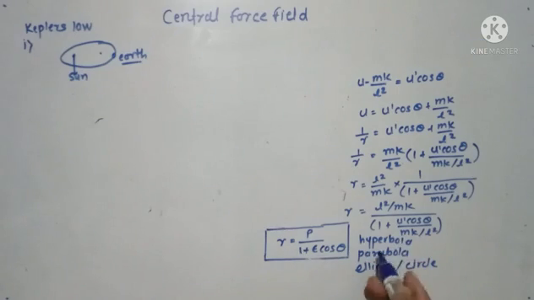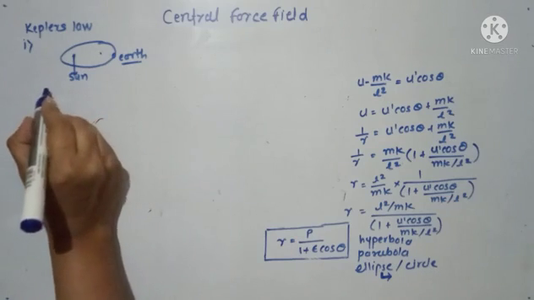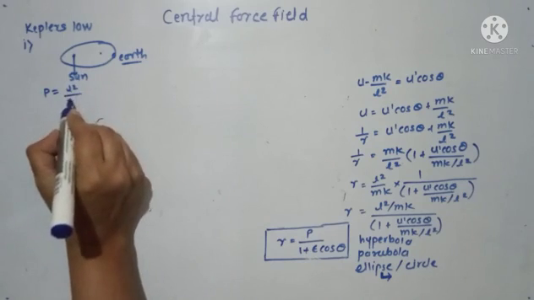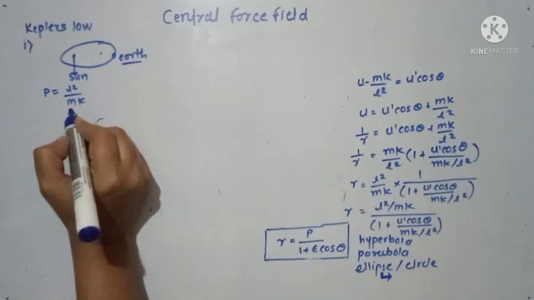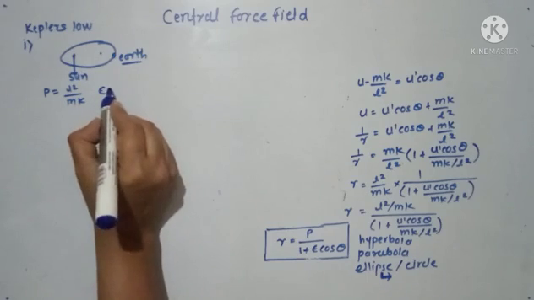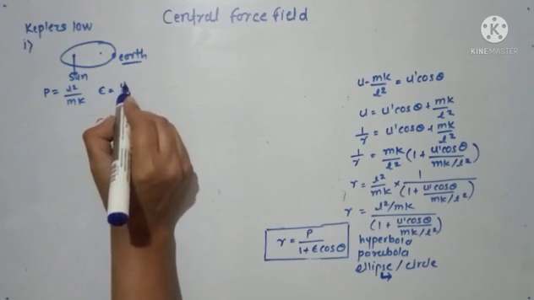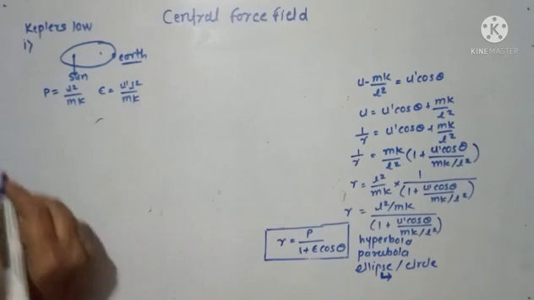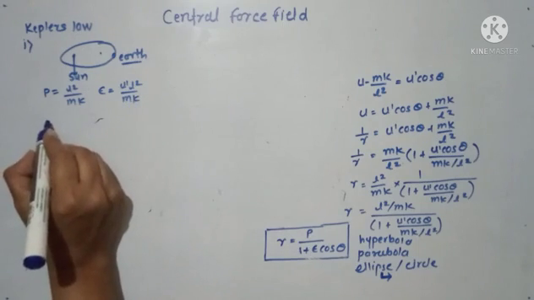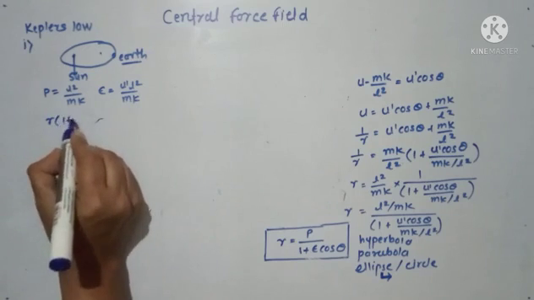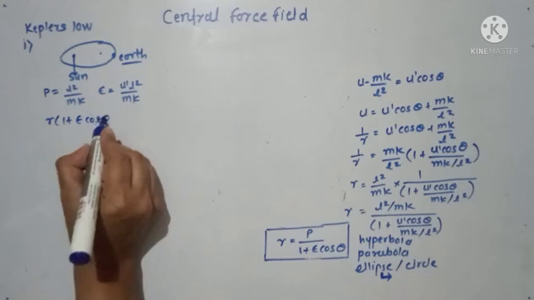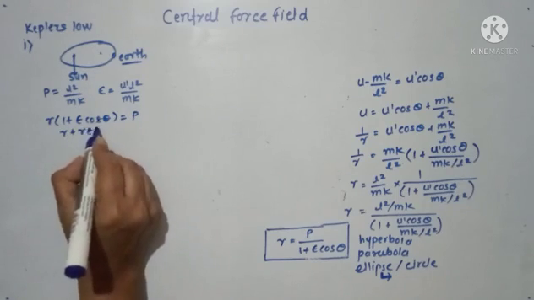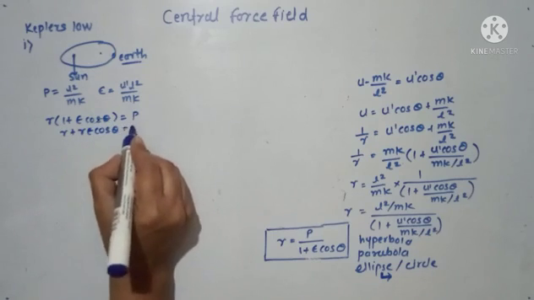So from these two equations I can write p = L²/mk, and I can also write ε = u'L²/mk. From this equation I can write r(1 + ε cos θ) = p, or r + rε cos θ = p.